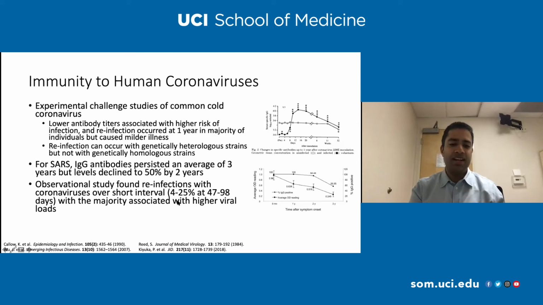Usually these studies find anywhere from 4 to 25% reinfection rates at anywhere from 2 to 4 months after the initial infection. And we think that these patients had an ineffective immune response to the initial virus. And many of the patients who get reinfected actually have higher viral loads, although this is a very controversial aspect in the field. It hasn't been very well studied.